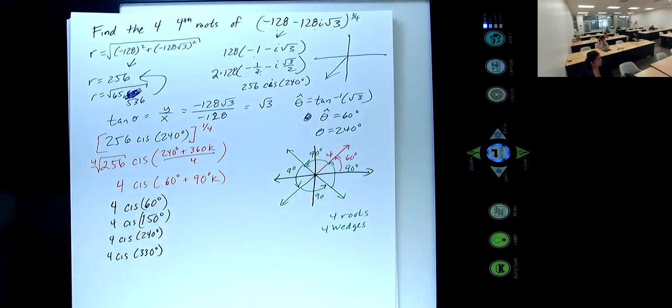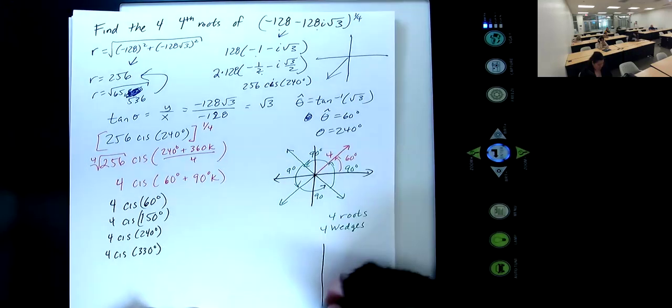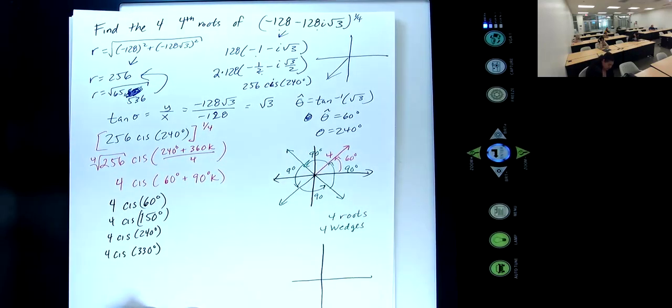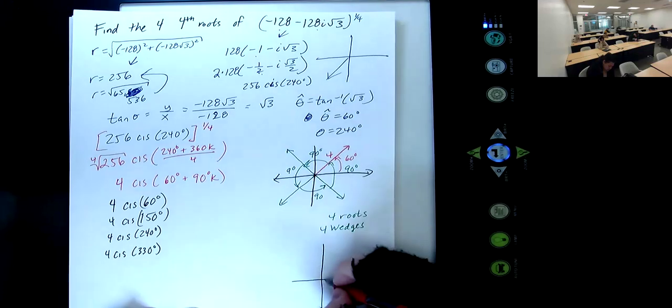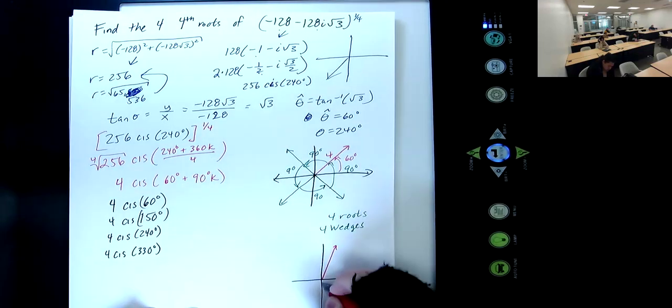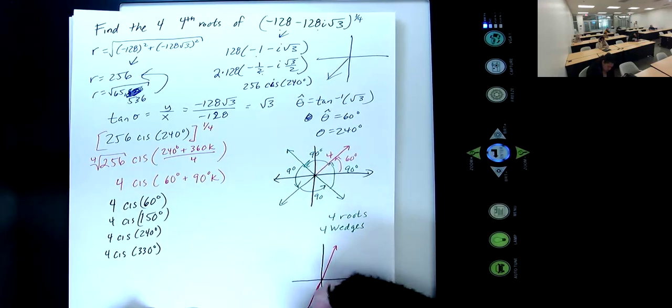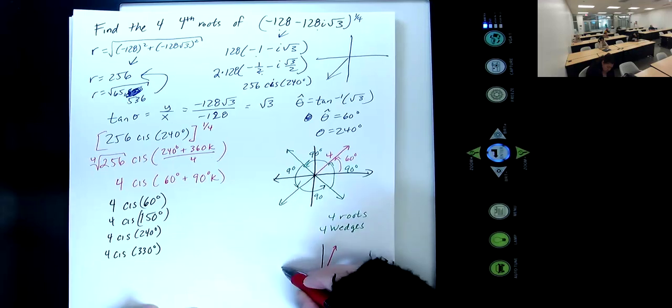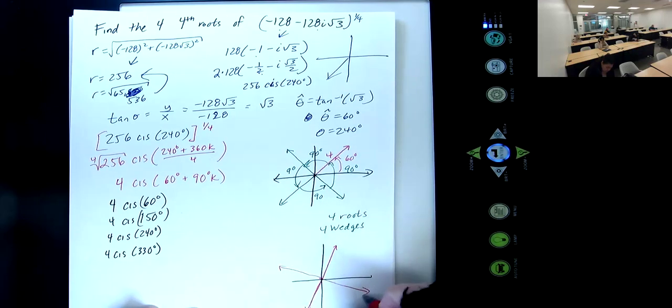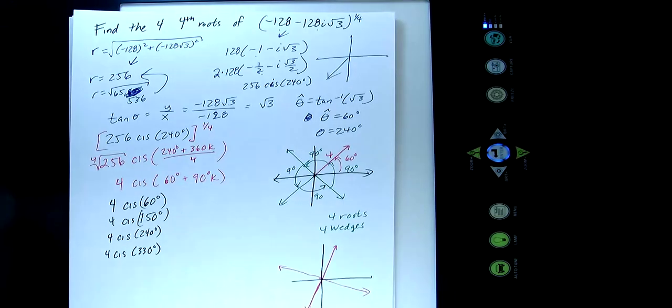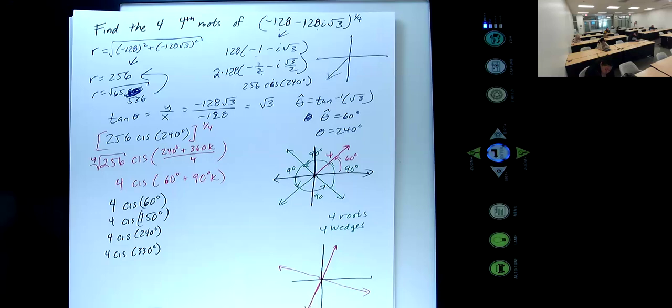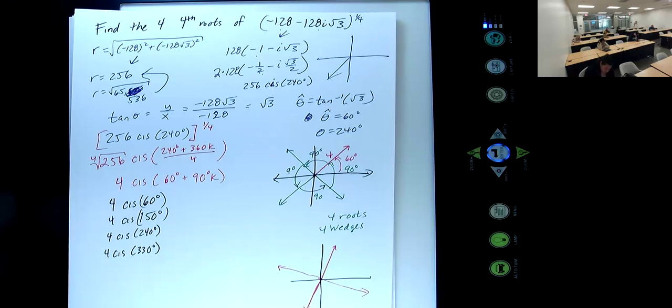That's just pulling it from the graph. God, my graph does not look good. That's more like a 60 degree angle right there. That's a little bit better. That's probably more than 60 degrees, but it doesn't look like 45 at least.